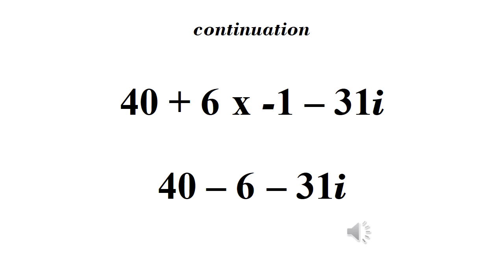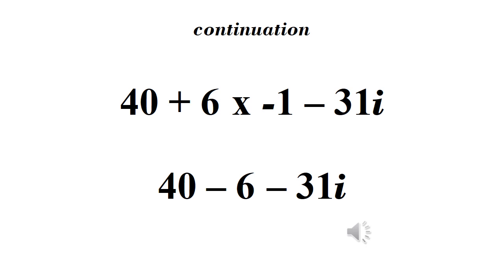How did we arrive at the minus 1? The 6i squared there, the i squared there is minus 1. We've already talked about that one before. So since we have 6i squared and the i squared is minus 1, that becomes 6 times minus 1, which is minus 6, and then minus 31i.